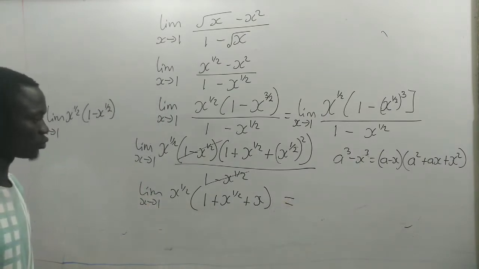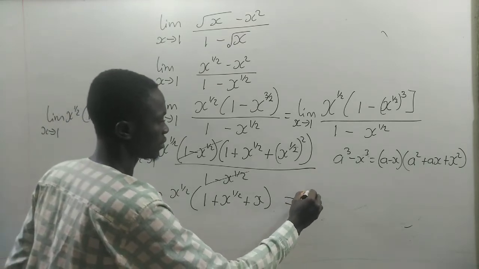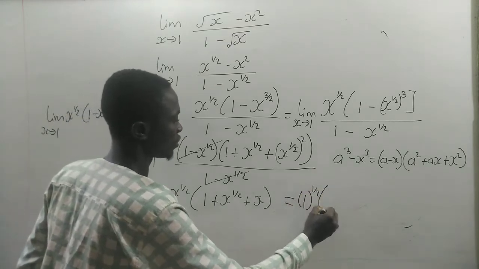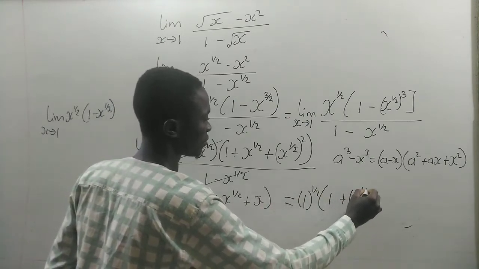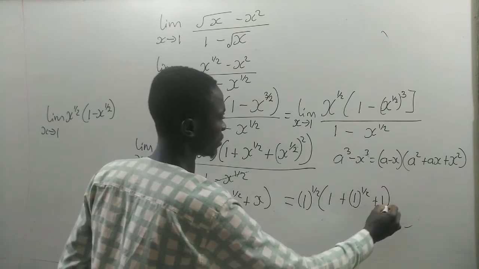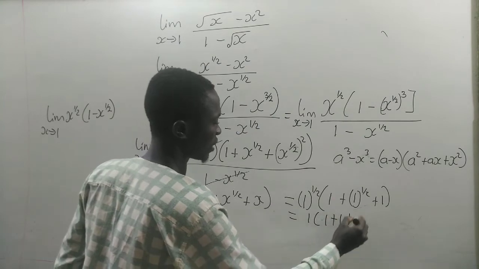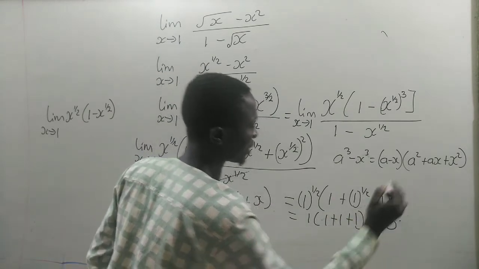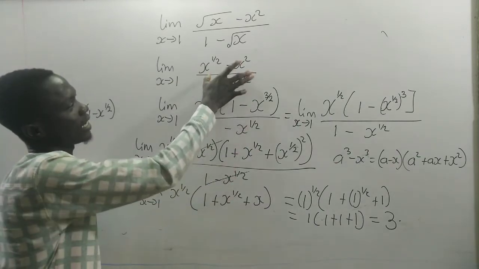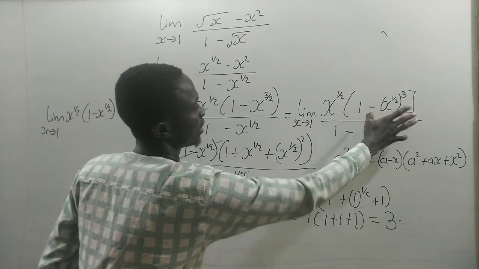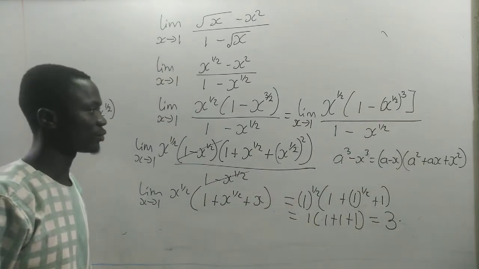Now, as x approaches 1, we are going to have 1 to the power half into brackets 1 plus 1 to the power half plus 1, which will give us 1 into bracket 1 plus 1 plus 1, which is equal to 3. Very simple as that. So the technique is what I did here. Look at what I did to factorize the numerator. Very, very simple as that.